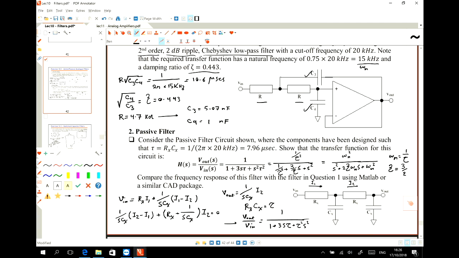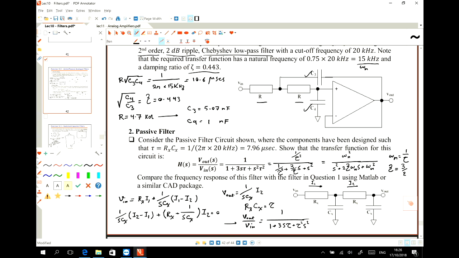What does it mean? So zeta equals 3 over 2. What's the response type? Is it underdamped, overdamped, critically damped? You saw in the figure how slow that was.